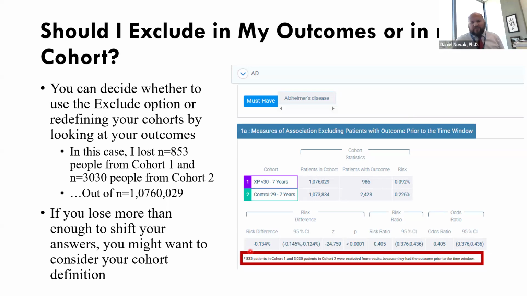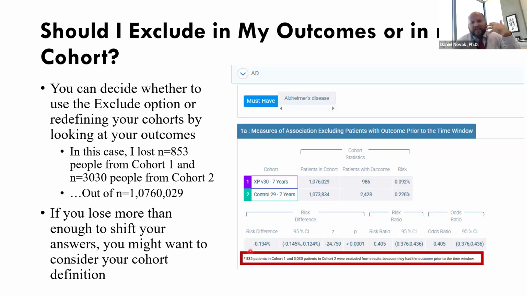So I'm not really worried about losing those people. Number one, they weren't people of interest for me anyway. Number two, there's still over 1 million people in each group, right? That's plenty of statistical power for the study that we're looking at. But if you lose enough to shift your numbers, you might want to consider going back to your cohort definition. So this is one where I actually have to think, okay, I lost 3,000 Alzheimer's patients from here.